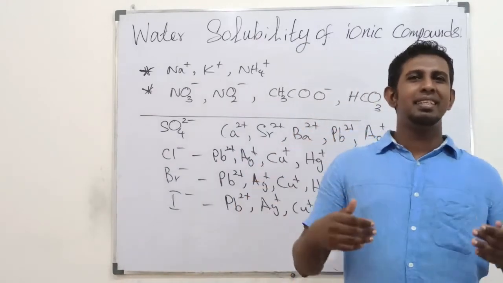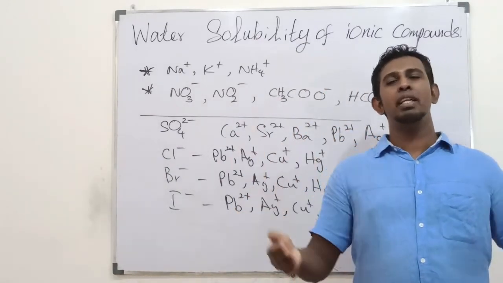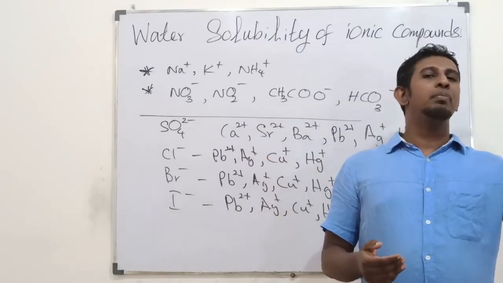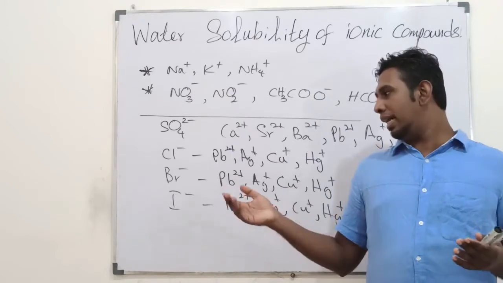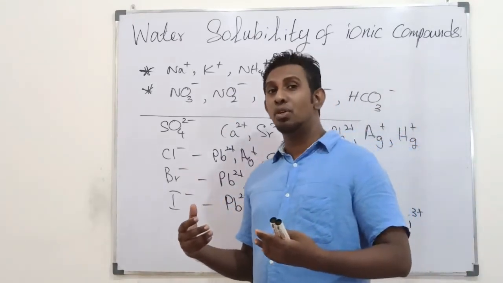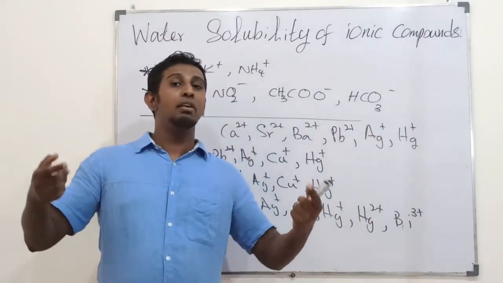So it's very easy. Seeing these patterns, you could easily tell whether any halide is water soluble or insoluble. The halides of lead, silver, cuprous, mercurous, all halides including these 3 are water insoluble. Then for iodide, further mercury and bismuth are water insoluble.